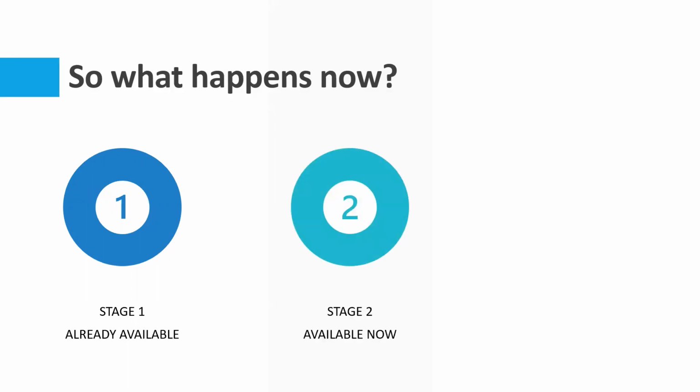Stage 2, the pay item transition, is one of the newly released stages now available. With the pay item transition tool, you can identify and replace non-compliant pay items with the new earnings categories defined by STP phase 2. Today, we will take you through a live demo on how to complete stage 2 in Xero.